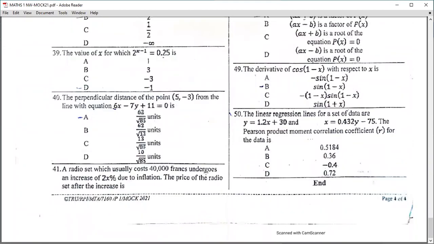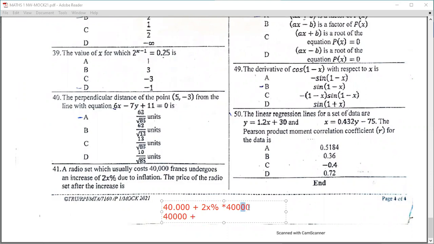The new price will be equal to, due to inflation and there's an increase in price, 40,000 plus 2x% times the original price, because it has increased, times 40,000. When we simplify this, we're going to have 40,000 plus 2x over 100 times 40,000.